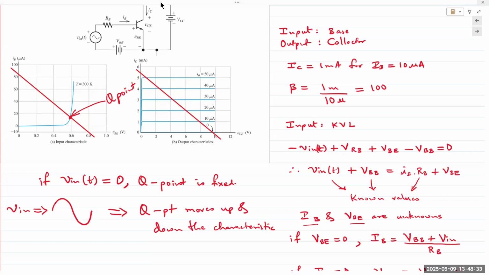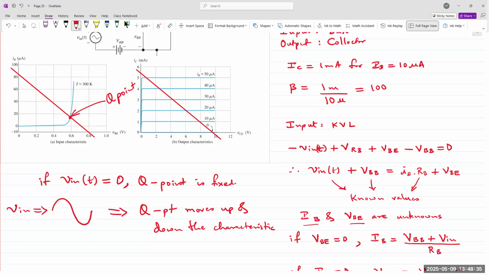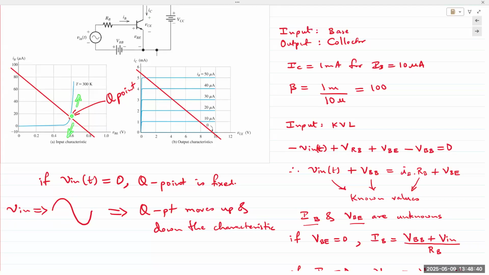And again, as V in increases or decreases, the Q point either shifts up or down the load line. The intersection point of the load line with the diode characteristic is basically the Q point, and so that can keep changing on application of an AC input signal.